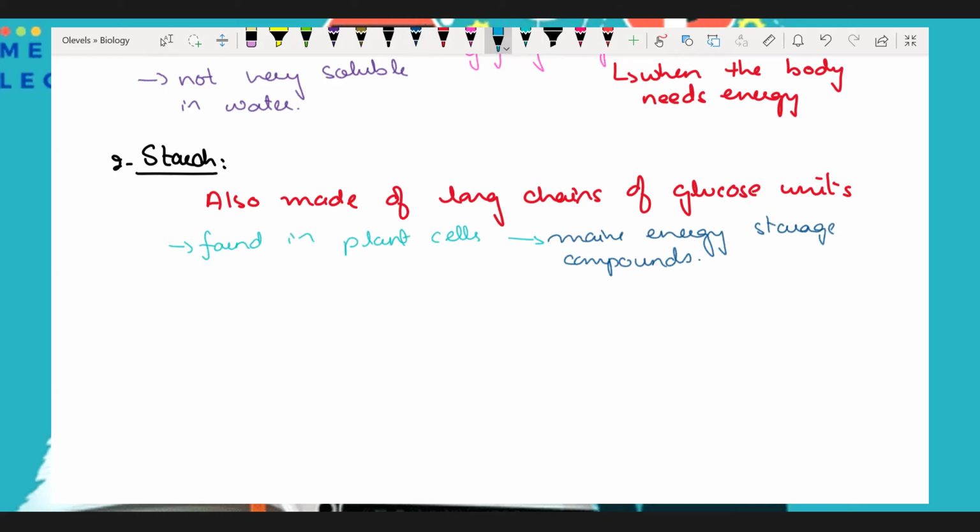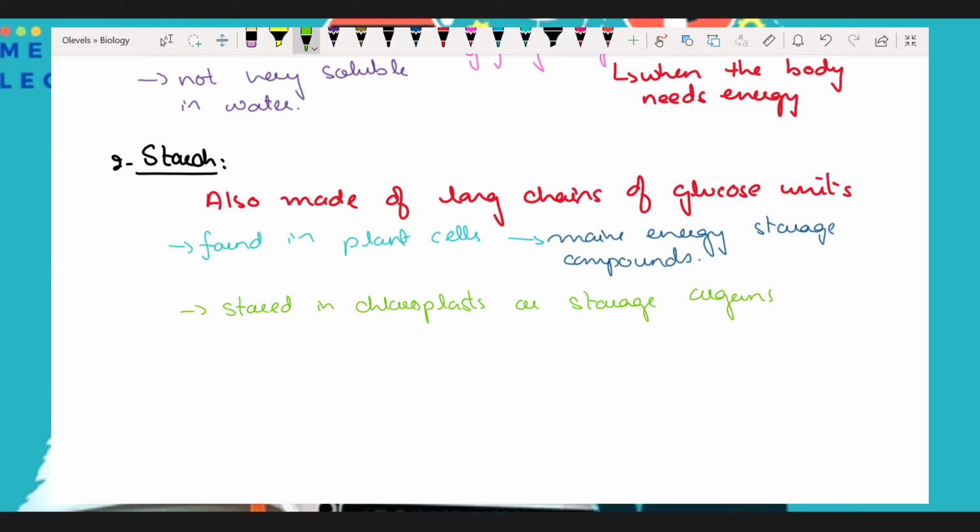And where is it stored inside plants, in which organelles? In plants, it is stored in chloroplasts, right? Or you can say in storage organs. What are the storage organs that are present in plants?